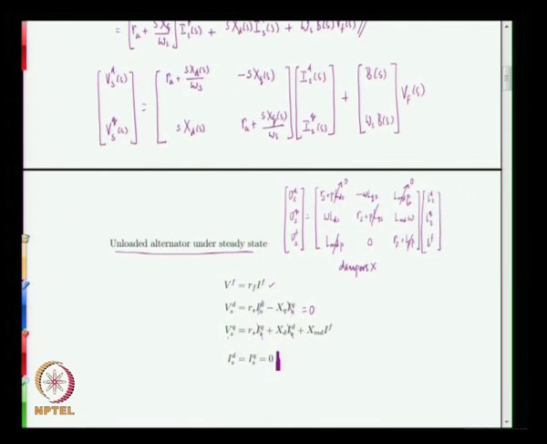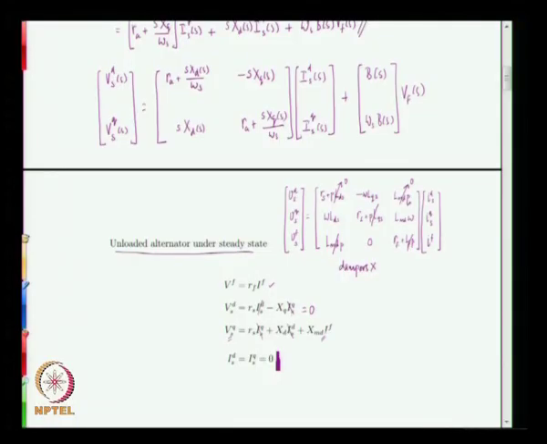So this Vq is simply equal to Xmd into If, and indeed if the alternator is on open circuit, what it will produce is an induced EMF as seen on the stator, and when you transform this to the synchronous reference frame, we find that it manifests only on the q axis, there is no voltage on the d axis.